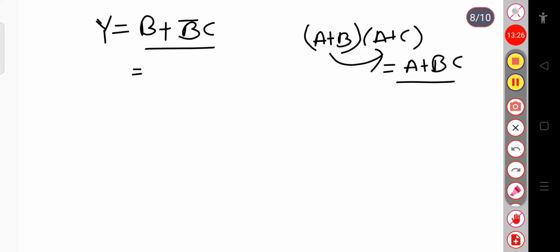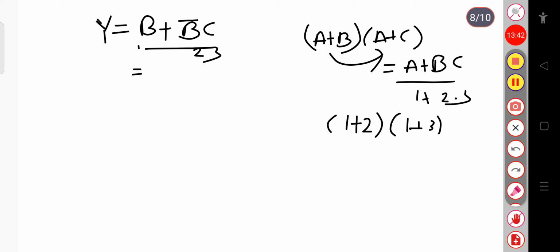This will be 1 plus 2 into 3, which is equal to, as I have already told, (1 plus 2) into (1 plus 3). So 1 plus 2 means here b is 1 and this is 2 into 3; 1 plus 2 means b plus b bar, and 1 plus 3 means b plus c.